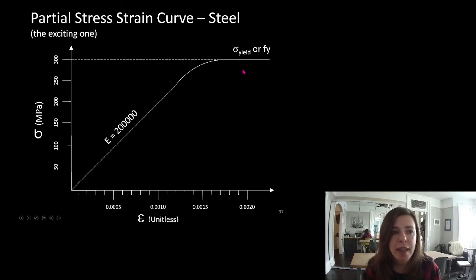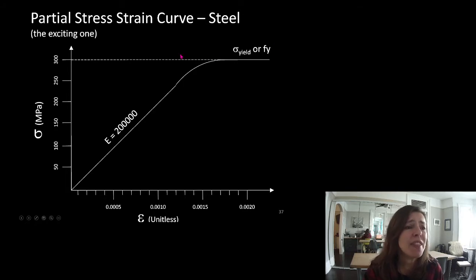You can imagine trying to, like in early typewriters, plop in a Greek letter into your writing. So they converted it to Fy. So yield stress, or Fy when we're talking explicitly about steel. You're going to see that when we talk about concrete and when we talk about wood, we change that symbol a little bit.